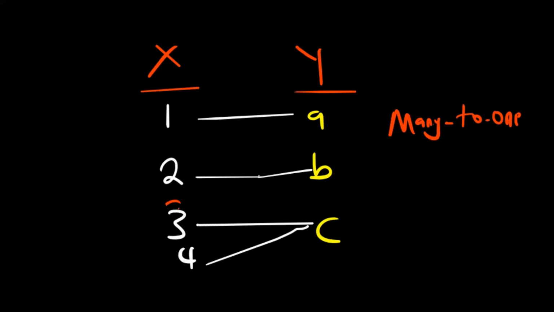Why many? Two are going to 1. So you are always considering starting from the x values. So this function is what we call an onto function.